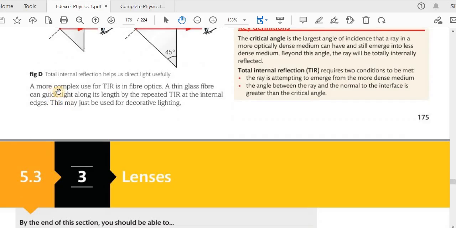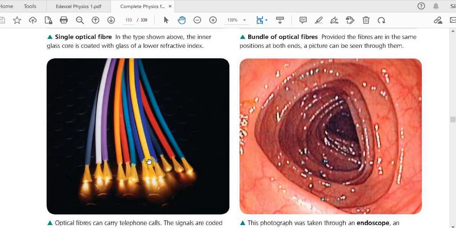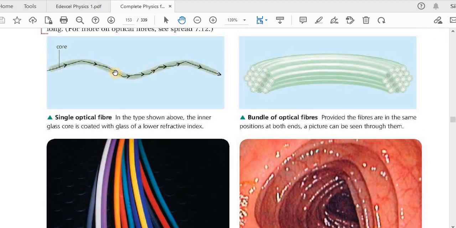A more complex use for TIR, TIR means total internal reflection, is in fiber optics. A thin glass fiber can guide light along its length by repeated TIR at the internal edges. This may just be used for decorative lighting. So for example here, this and this we can say is the same. Here it's a single optical fiber of the type shown above. The inner glass core is coated with glass of a lower refractive index.